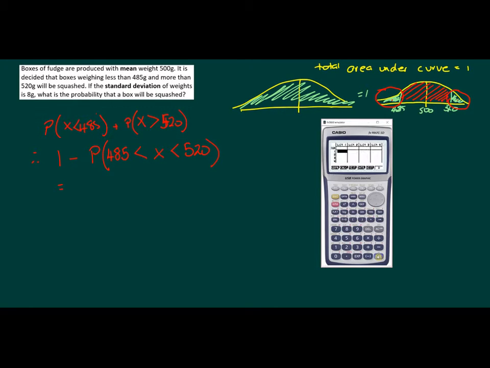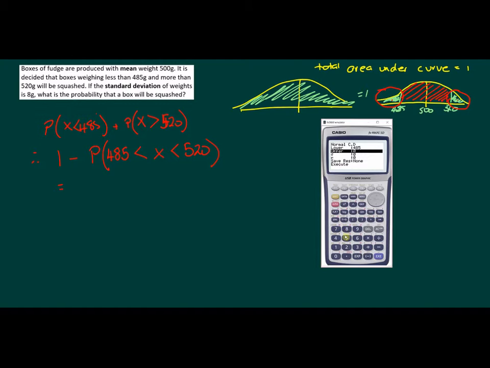So on our calculator, we go to the main menu, press the stats screen, go to distribution, normal distribution. We're just doing an NCD because it's a range of values. Now, we make our lower value 485, that's the lower end of the scale. Remember, we're doing 1 minus this, so put a lower value of 485.